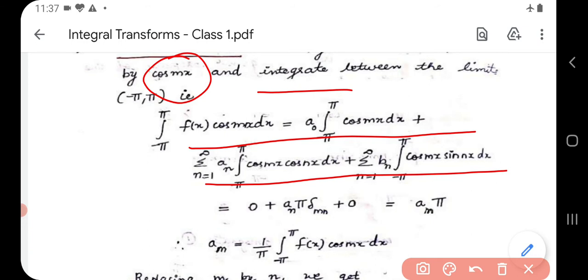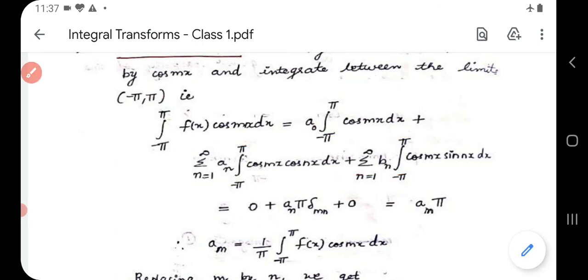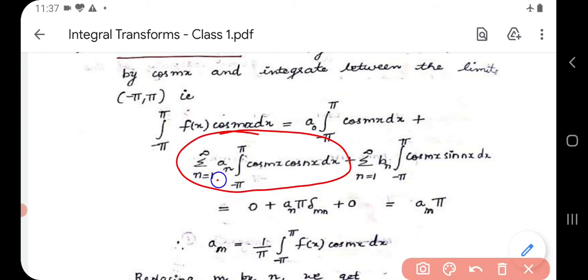Okay. Now here again the integral from minus pi to plus pi cos mx dx is 0, so this term will reduce to 0. Now what about the next one? This one. Okay. Here an is kept as such. Now this one, the integral from minus pi to plus pi cos mx cos nx dx, as per orthogonality it is pi delta mn.